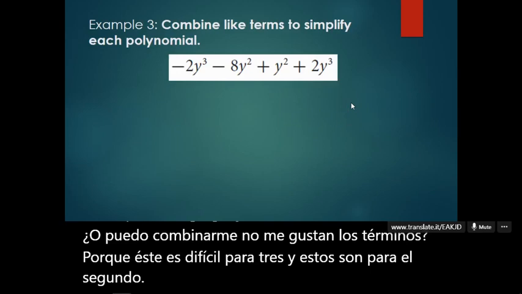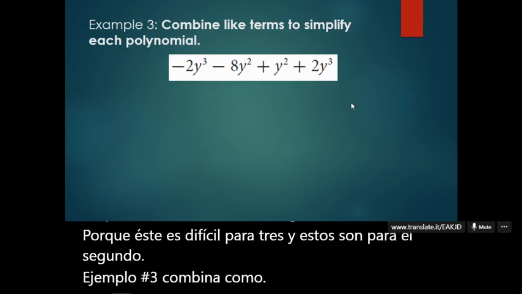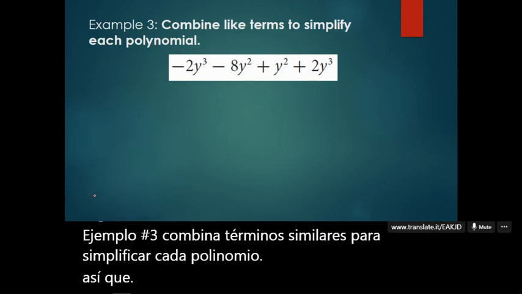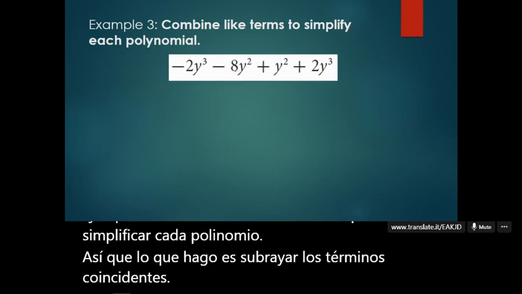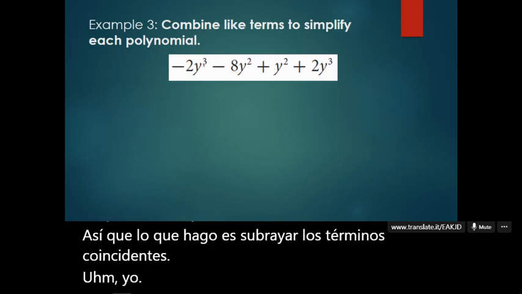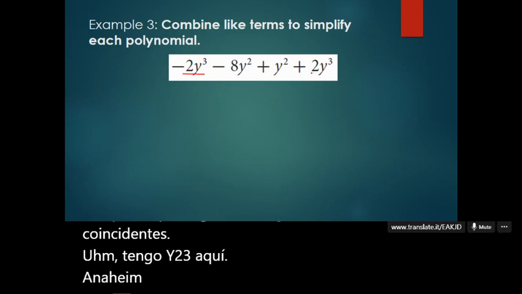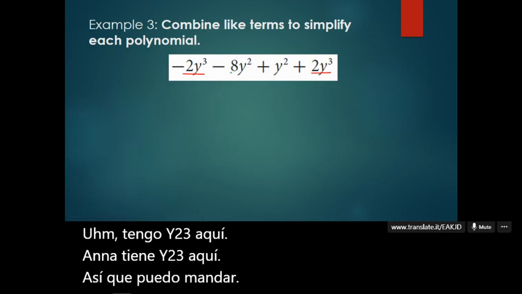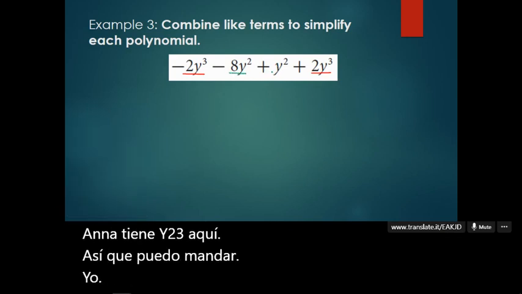Example number 3, combine like terms to simplify each polynomial. What I like to do is underline the matching terms. I have y to the 3 here, and I have y to the 3 here, so I can combine those. I have y to the second here, and y to the second here.